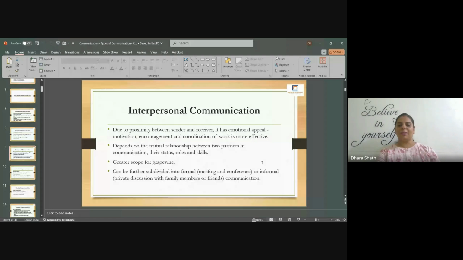It can be further subdivided into formal, that is meetings and conferences, or informal, that is sitting with your family members, friends, or colleagues talking in the canteen where you're not exactly talking about the workload, the project.